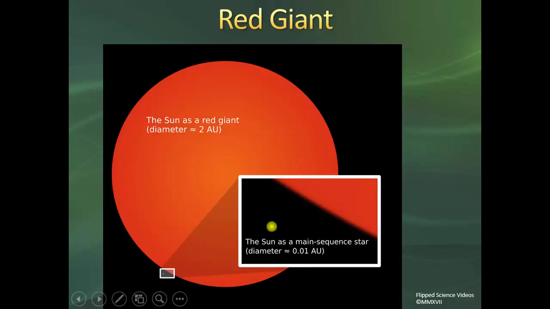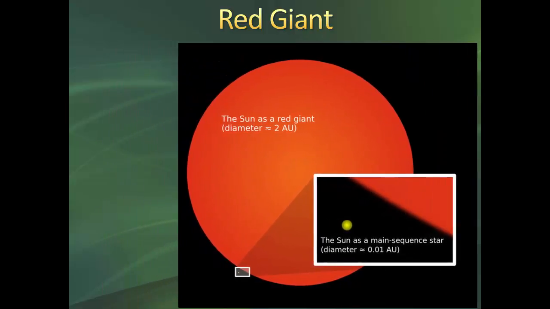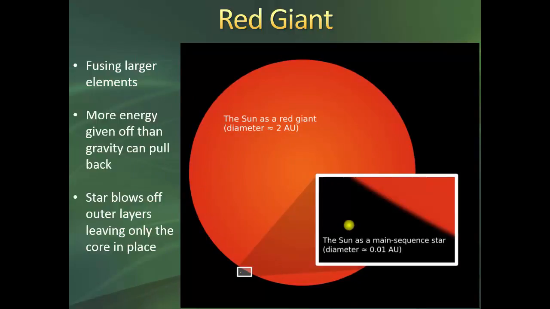Eventually, the main sequence star runs out of fuel. As the hydrogen can no longer turn to helium, the star begins to shrink for a small period of time. This allows the star to increase the gravitational pull in a small area, and it becomes hotter and there is more pressure on the core of the star.